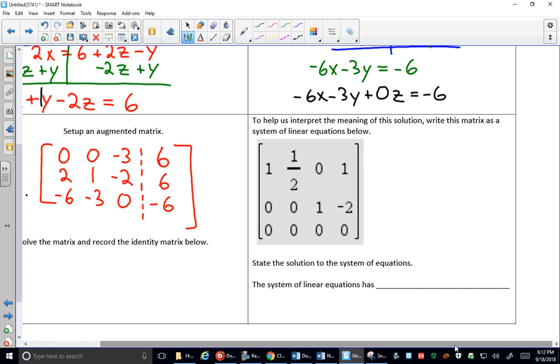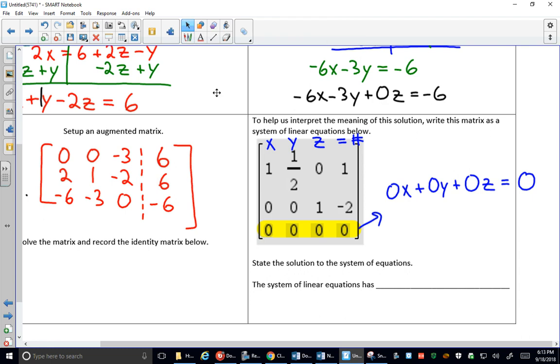So yet again, highlight that bottom row with the 3 zeros. And this one actually has a 4th 0. We go back to x column, y column, z column, and it equals a number on the other side. So here, this gives me 0x plus 0y plus 0z equals 0. Well, we talked about it before, that this entire side, that 0, that 0, that 0, all becomes just 0. And does 0 equal 0?